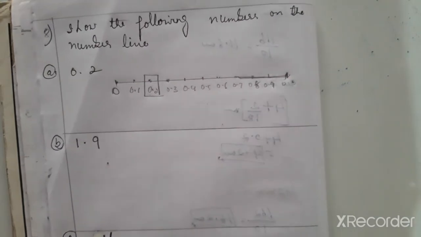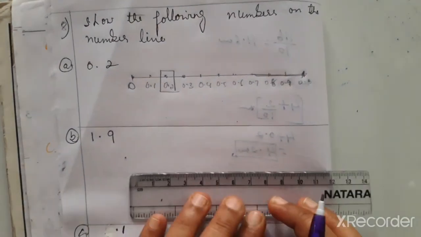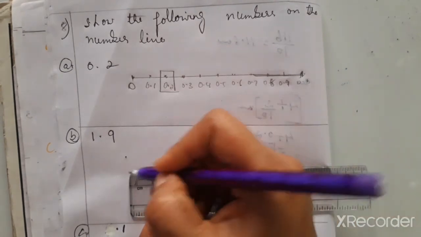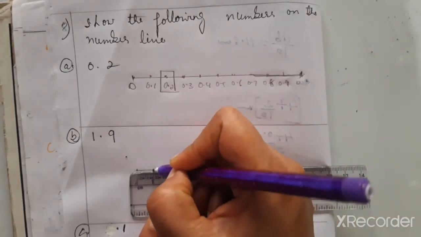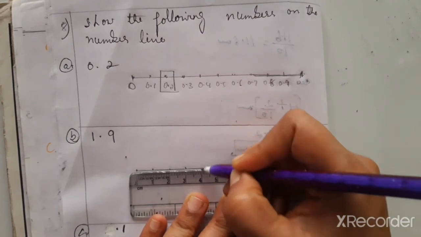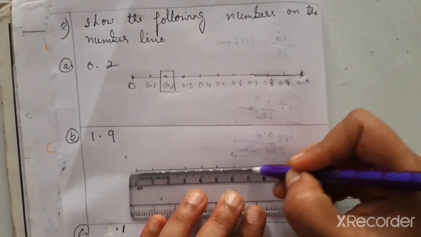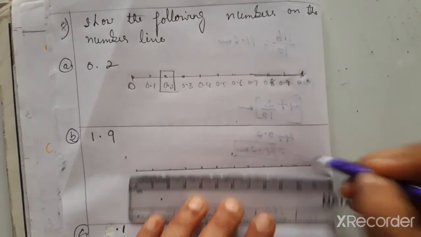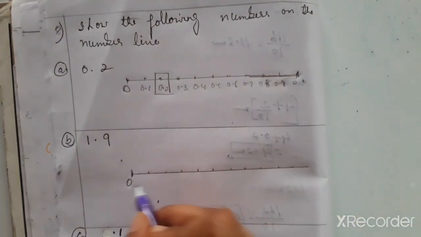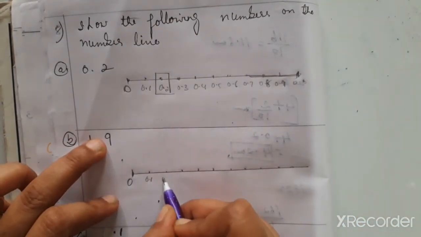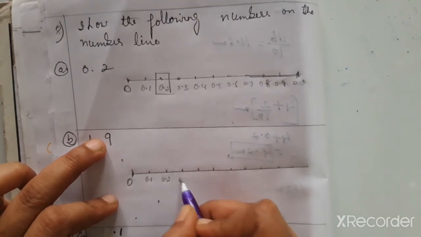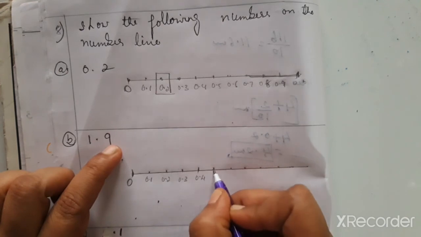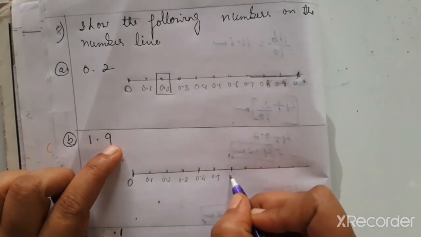Now the second one, 1.9 on the number line. Draw a line, and here 0, 1, 2, 3, 4, 5, 6, 7, 8, 9, 10. This is 0, and here 0.1, 0.2, 0.3, 0.4, 0.5, 0.6.